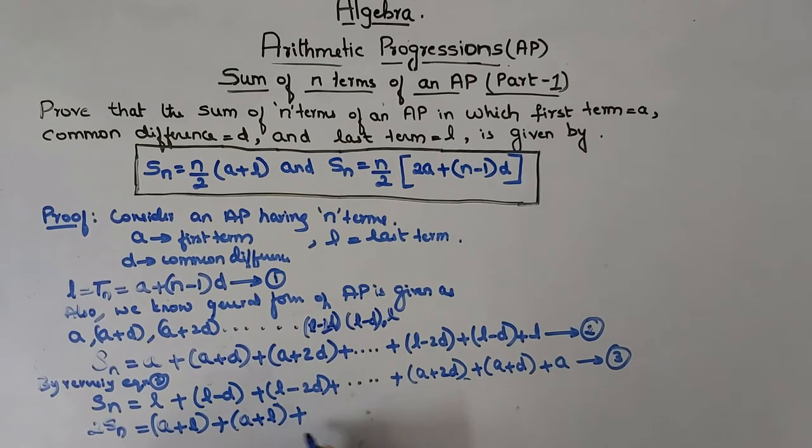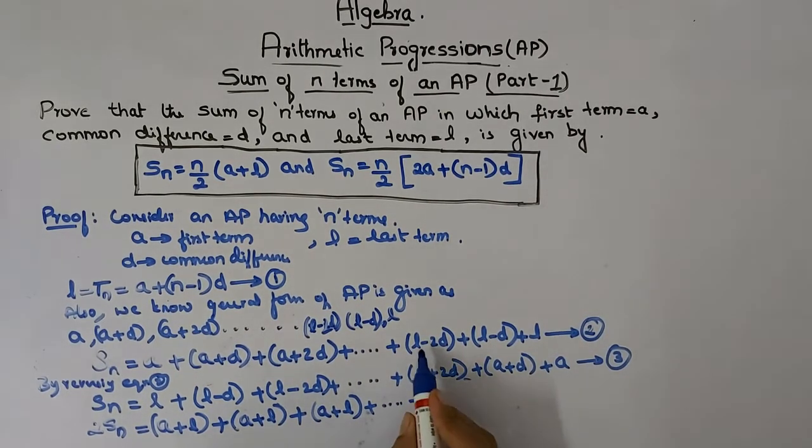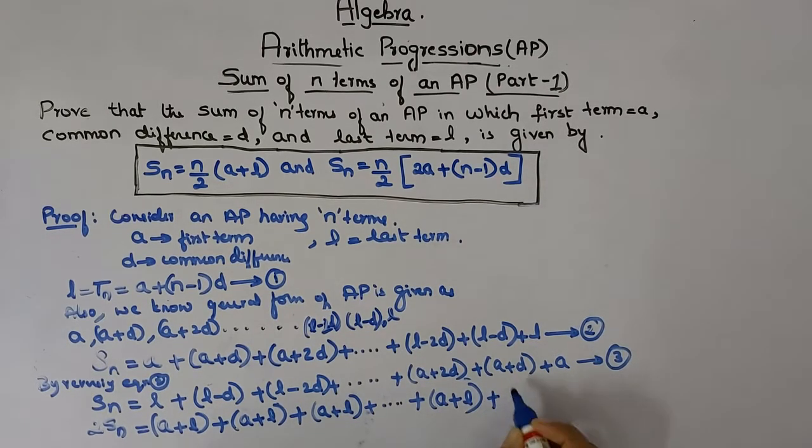Similarly, when you add a plus 2d and l minus 2d, the 2d terms cancel, so we are left with a plus l, and so on. Likewise, l minus d and a plus d give a plus l, and the last term is again a plus l, since we are adding corresponding terms of equations 2 and 3.